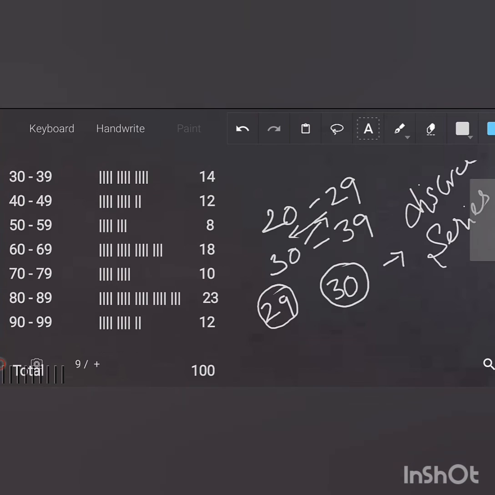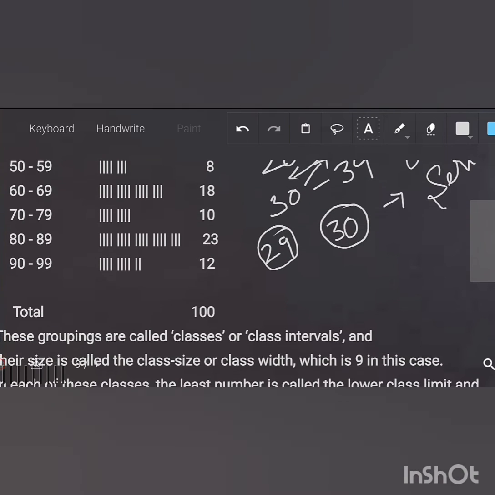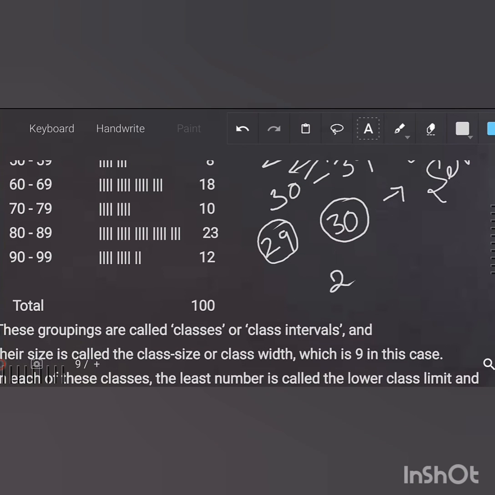So then what is a continuous series? In a continuous series, if you see 20 to 30, 30 to 40, 40 to 60. Here if you observe, the upper limit of the first class is equal to the lower limit of the second class.